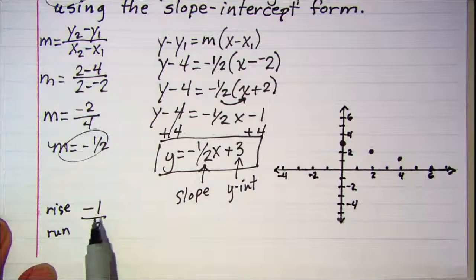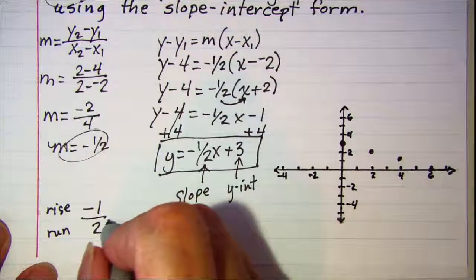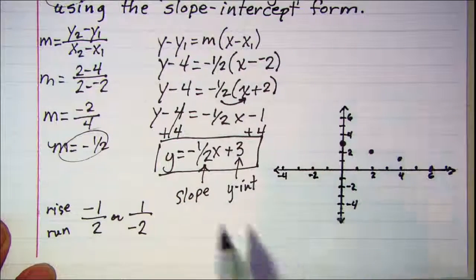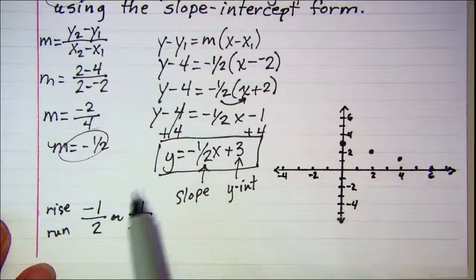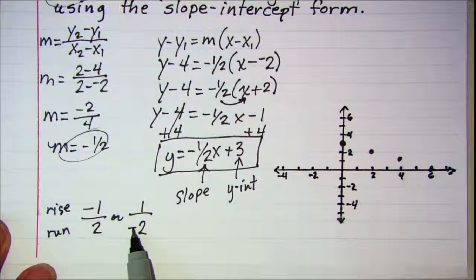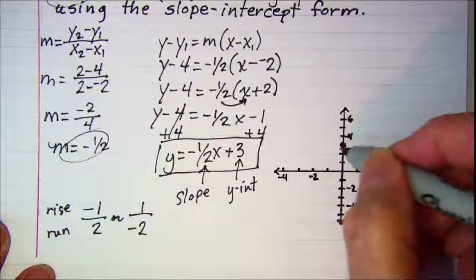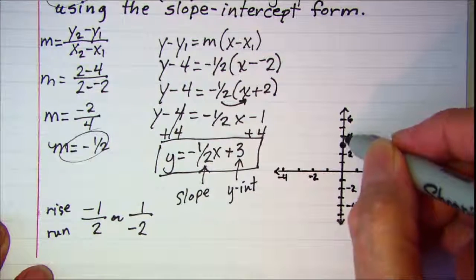Now we could also take this negative 1/2 and write it as a positive 1 over a negative 2. So instead of writing our negative out in front of the fraction, either put it in the numerator or in the denominator. In this case, I have a rise of positive 1. So from my point that I plotted on the y-axis, I'm going to go up 1.